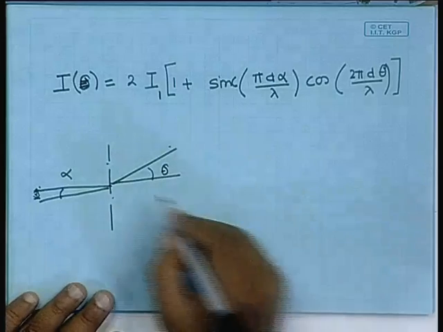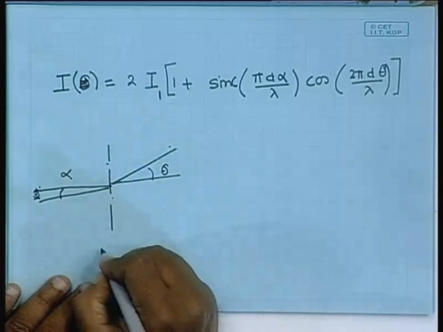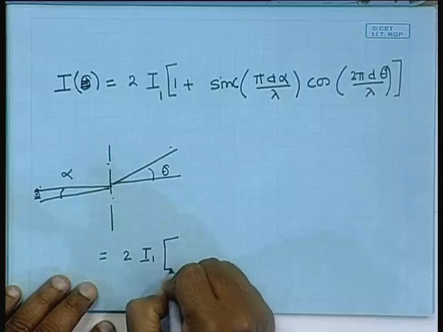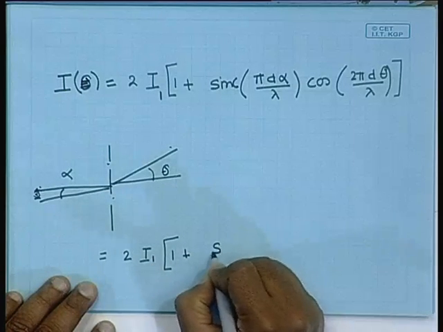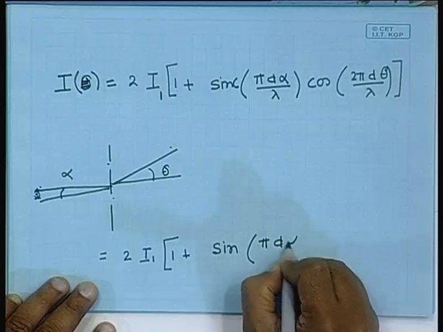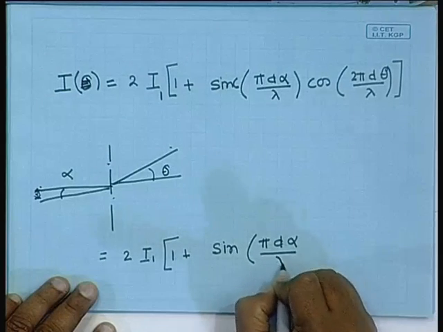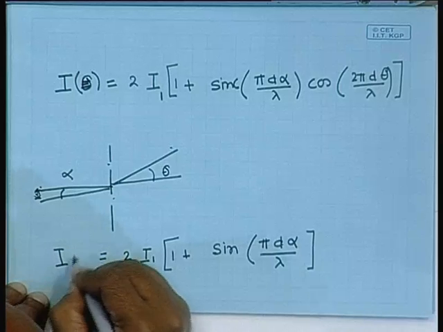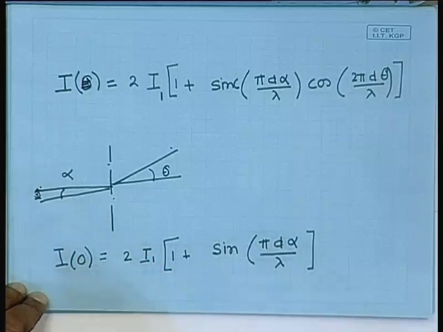So at theta equal to 0, you have 2I1 times 1 plus sinc pi d alpha by lambda. This is the intensity at theta equal to 0.